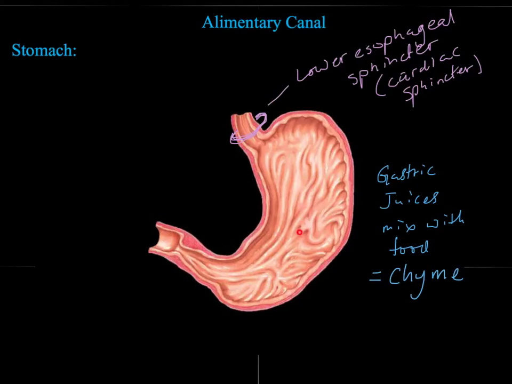As chyme passes through the stomach and into the small intestine, it passes by the pyloric sphincter.